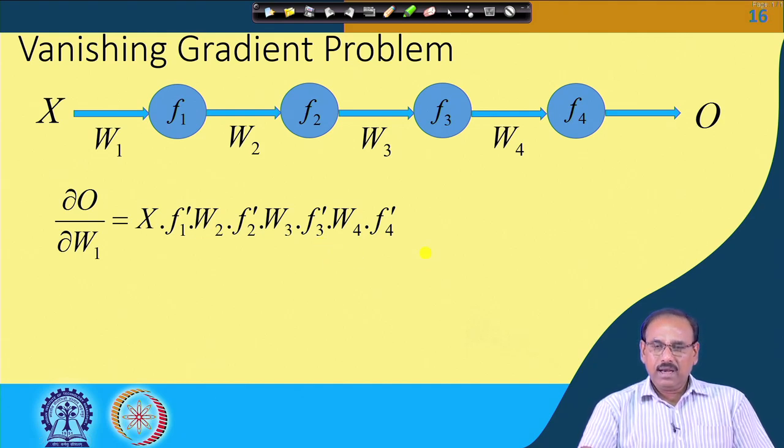That means the nature of the nonlinear activation function used in these neural networks has a say on the value of this derivative. And the other factors are the weights W2, W3, W4 and so on. These weights also decide what will be the value of del O del W1. So, naturally, the nature of these nonlinear activation functions decides what will be the value of this product.